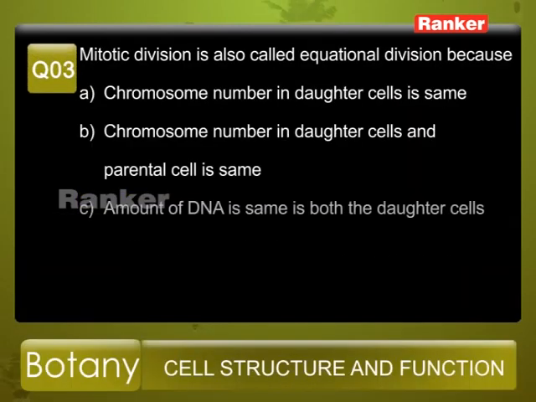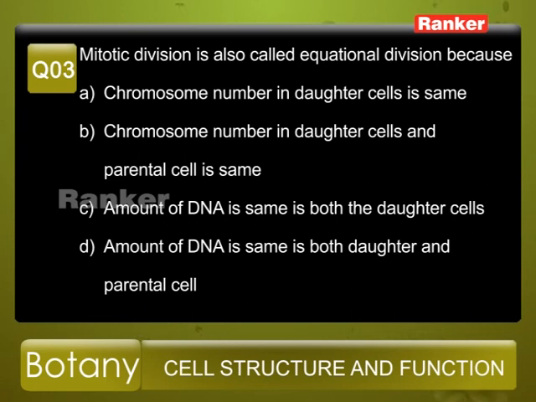Question number 3, mitotic division is also called equational division because, the given options, A, chromosome number in daughter cells is same, B, chromosome number in daughter cells and parental cells is same, C, amount of DNA is same in both the daughter cells, D, amount of DNA is same in both daughter and parental cell.